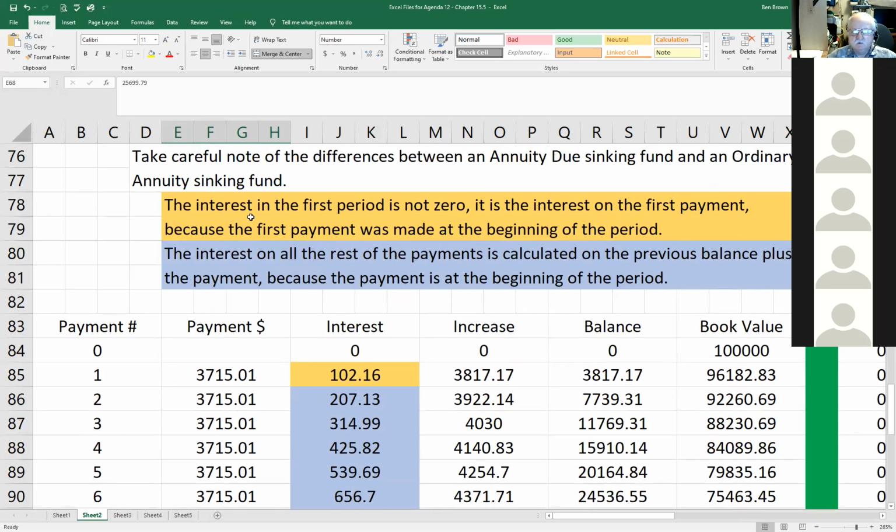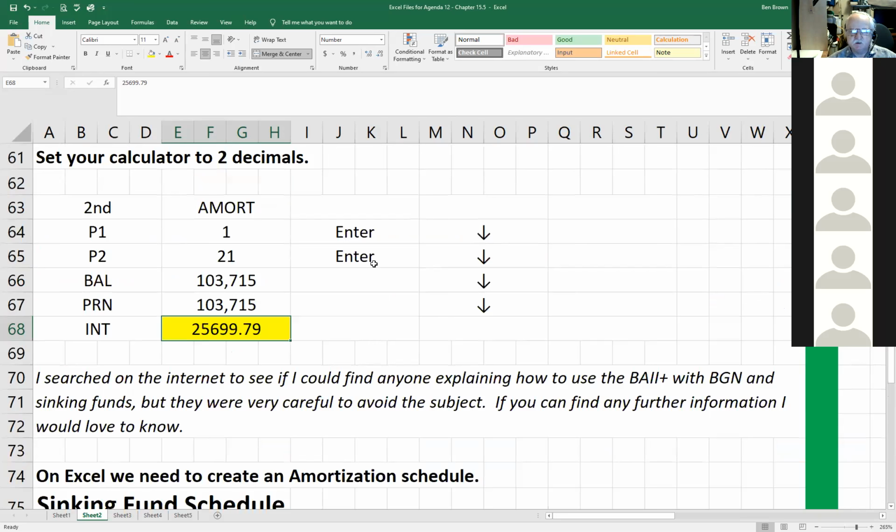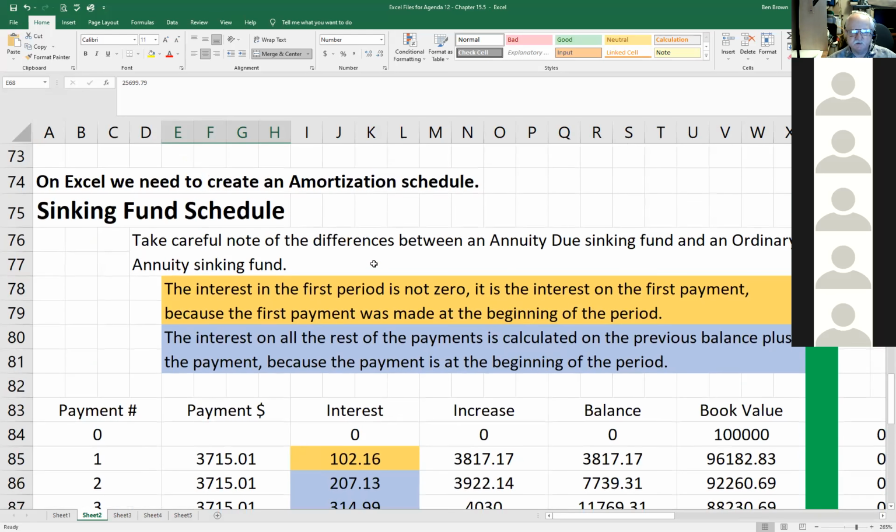Sir, can you show the BA2 plus solution on the Excel sheet? Can I show the BA2 plus on the spreadsheet? You mean on the calculator I have, or on the sinking fund, on an actual schedule?